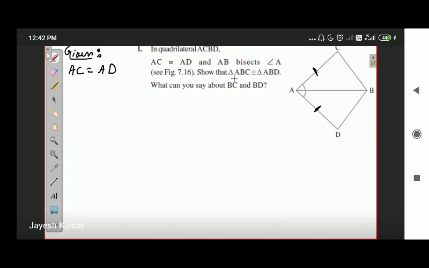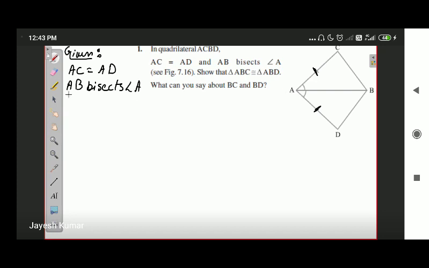With every question you need to draw the diagram, then you write down what is given to you, then what is to be proved, and finally the solution. So first of all, AC and AD are equal. After that, line AB bisects angle A. This is given to us.